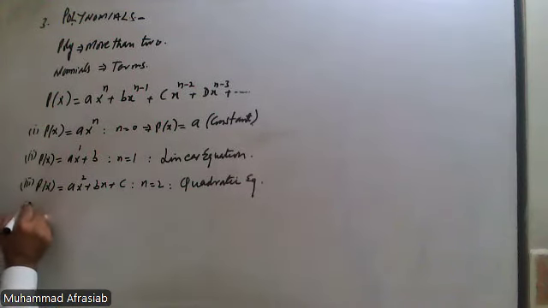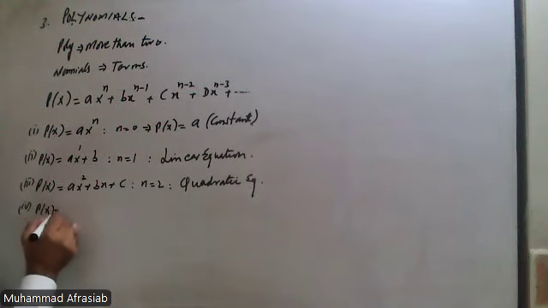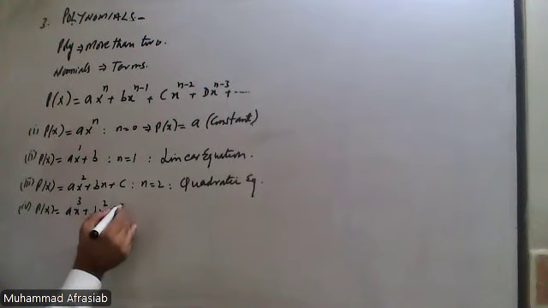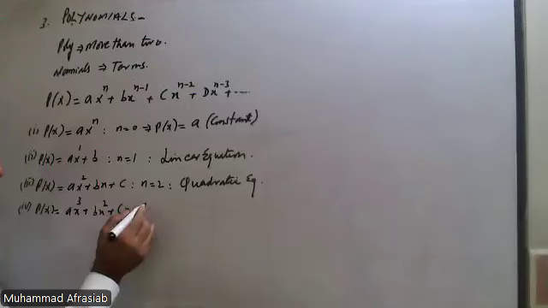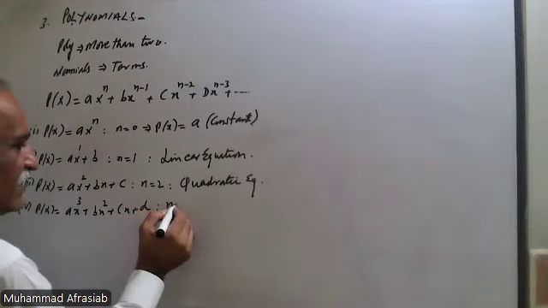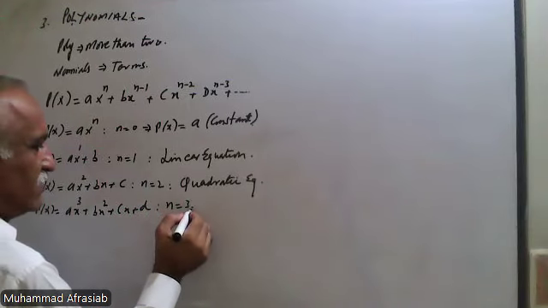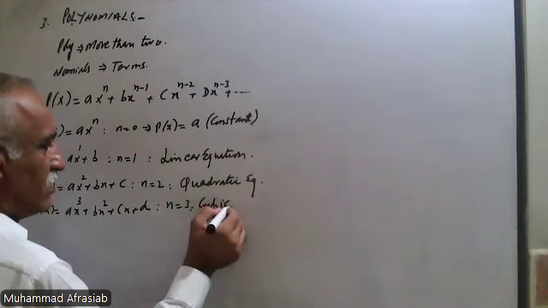If p of x is equal to ax^3 plus bx^2 plus cx plus d, where n is equal to 3, then it is known as to be called a cubic equation.